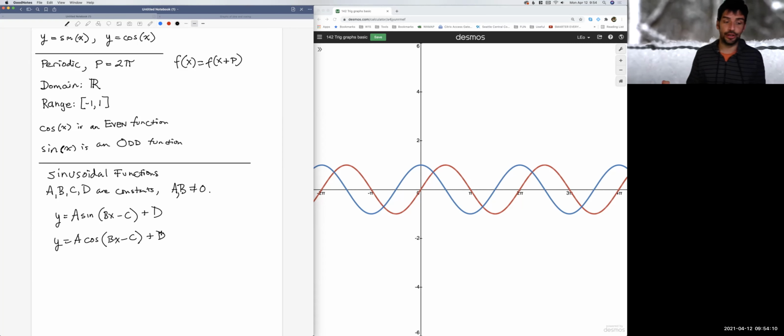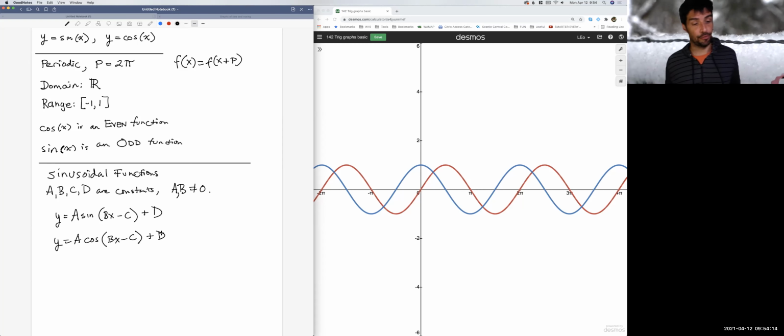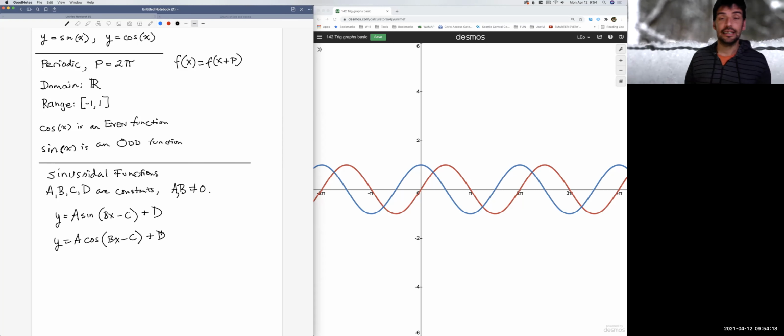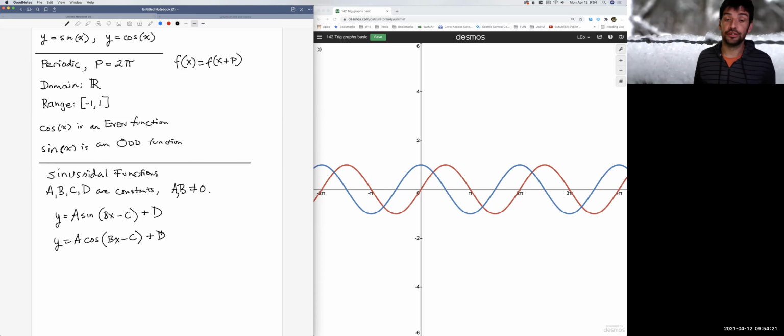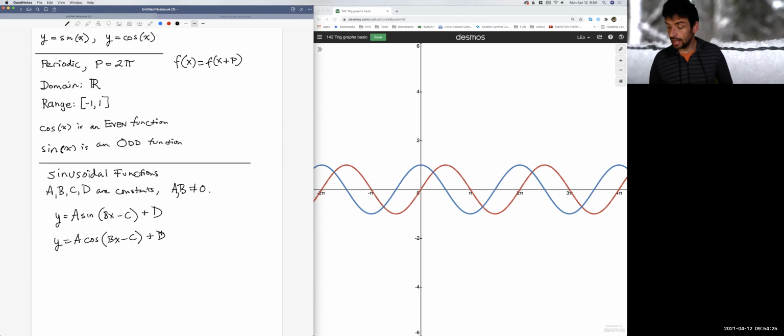If A is 0, we don't have a sine or a cosine function because it's wiped out by that 0. If B is 0, then our input is always 0 or negative C, meaning this is just a constant function, the value of sine at that. So A, B, C, and D are constants. A and B are not equal to 0.